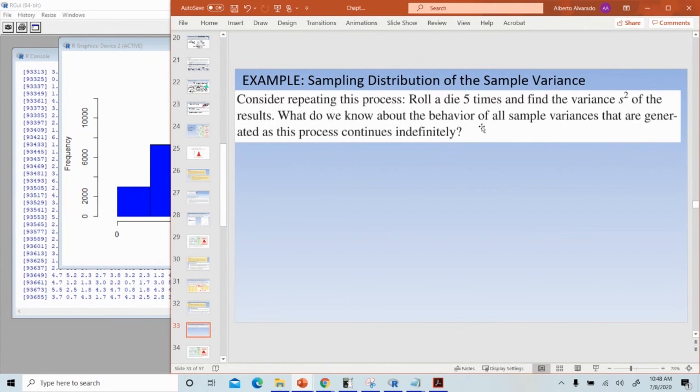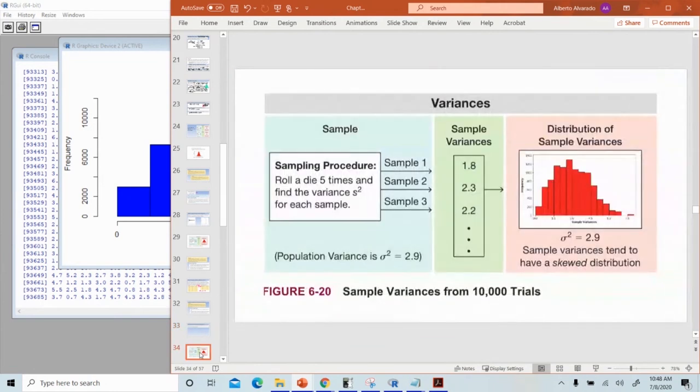What do we know about the behavior of all sample variances that are generated as this process continues indefinitely? In other words, we know that it's skewed right. That's really all we're interested in there. Variances will be skewed right. And this is an illustration of that here.